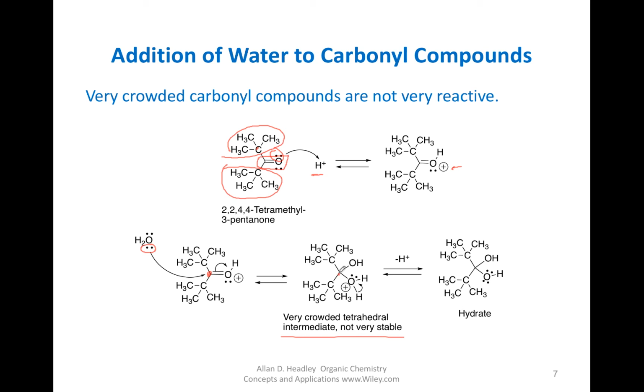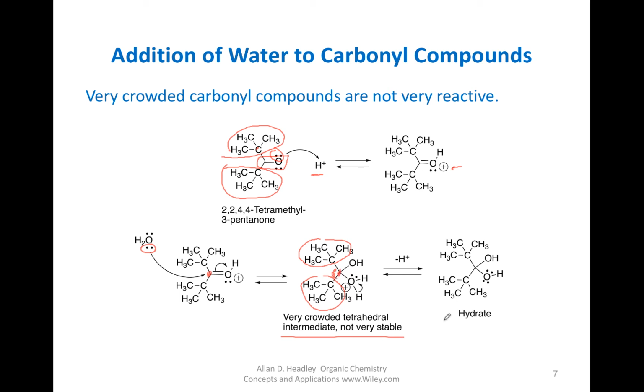Let's look at this intermediate and see if we can determine the relative stability. This carbon here is now an sp3 carbon. Of course, as you know, the ideal bond angle about an sp3 carbon is 109.5. But because it's very crowded, based on these very bulky groups, this bond angle here is strained.